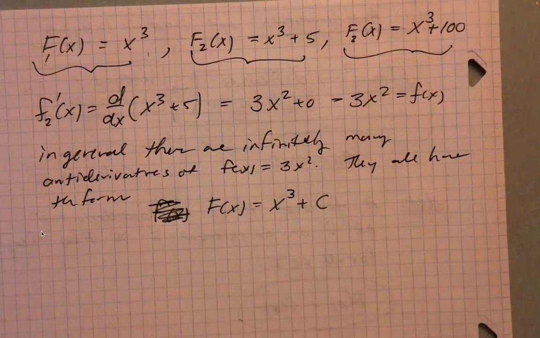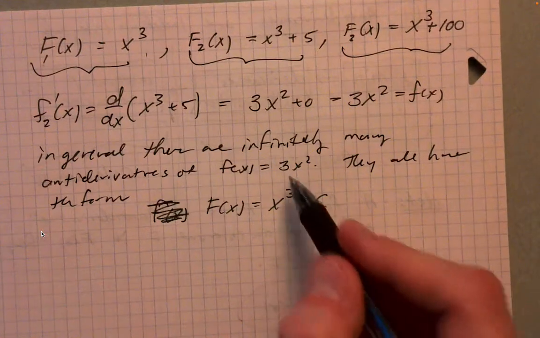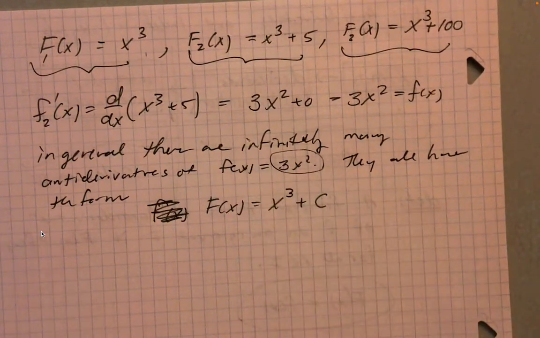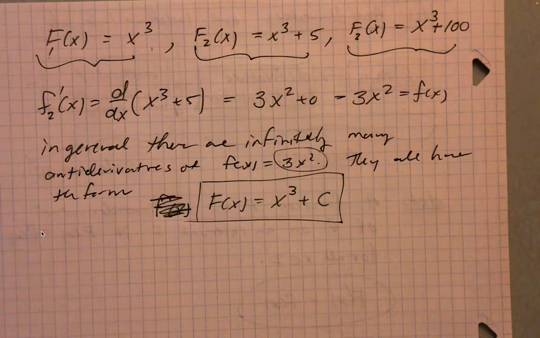You could also have constants that are negative, like negative 3.62, right? All of those would fit the definition of antiderivative for 3x squared, because when you differentiate them, you get 3x squared. So there's an infinite number of functions that could be differentiated to produce 3x squared, but all of them have this form.